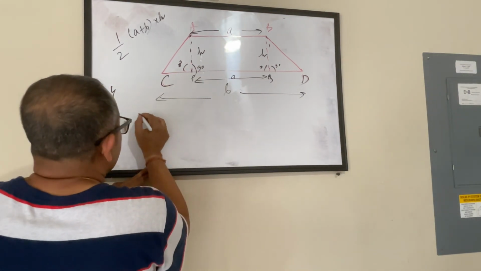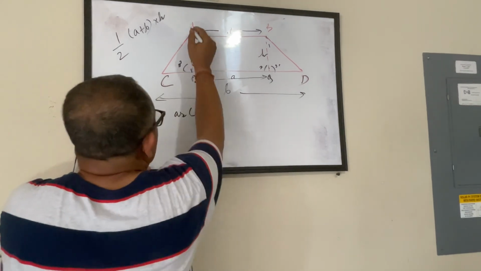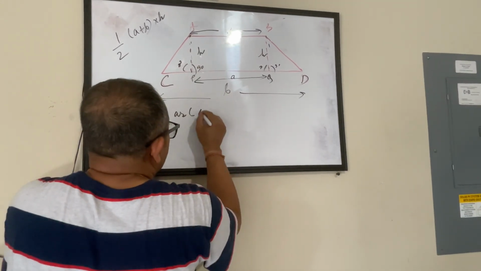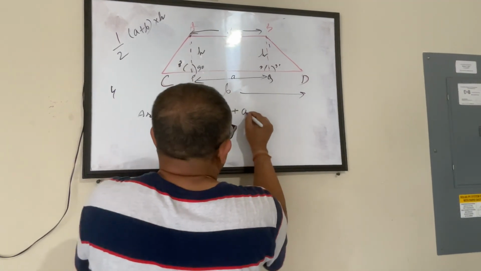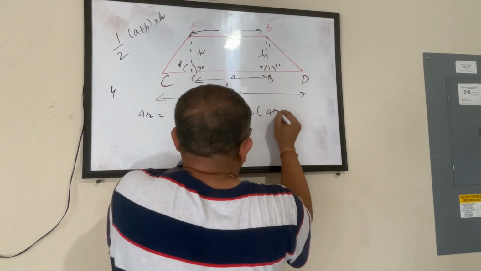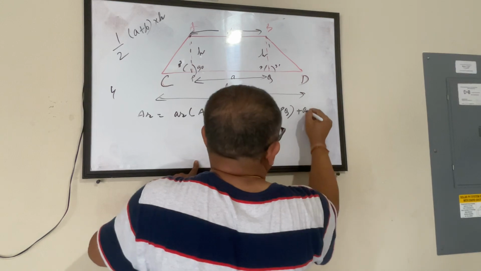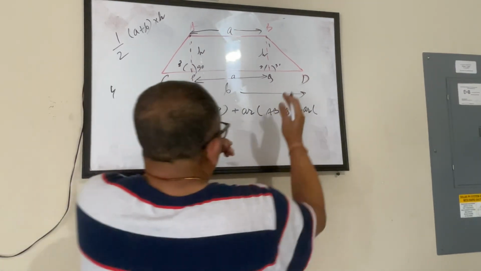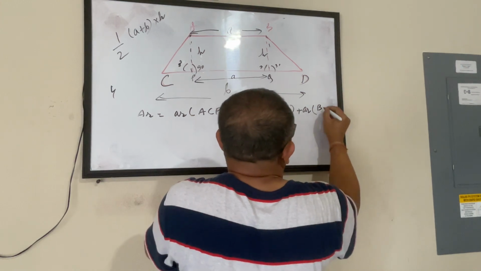So total area will be equal to area of triangle ACP, plus area of this rectangle ABPQ, plus area of this right angle triangle BQD.